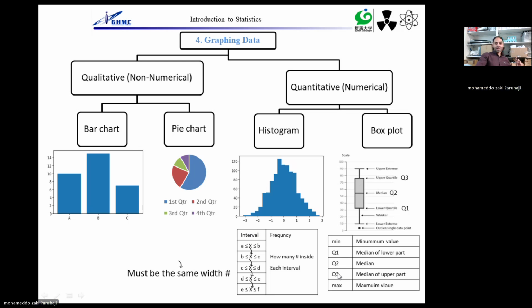In this graph, as you can see, my lower extreme value is here, my minimum, and I have my upper extreme value here, my maximum.